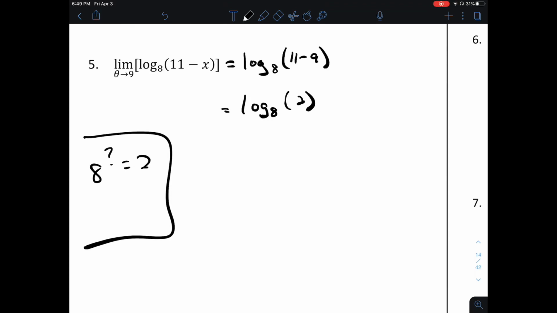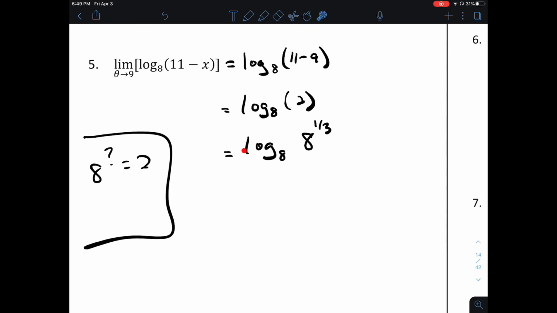Now you can continue with this in lots of ways. One way is to get the base of the logarithm 8 and the base of 2 to have the same base. Is there a way to write 2 that has a base of 8? And the answer is yes, because the cubed root of 8 is 2.